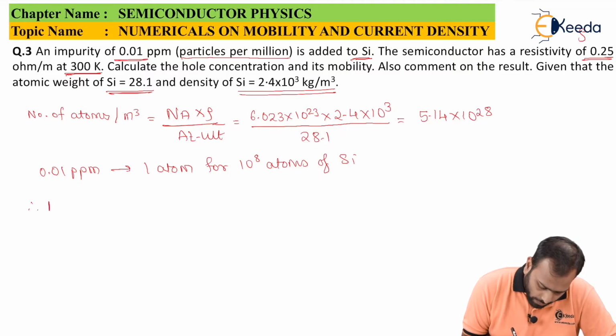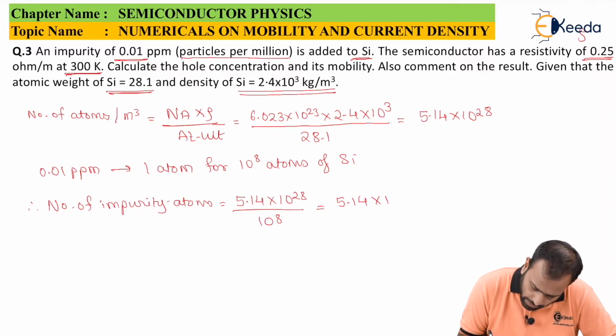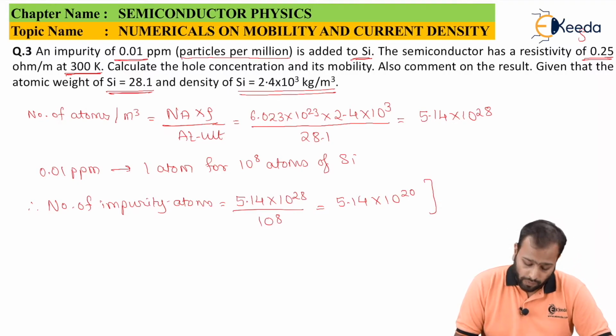Therefore, the number of impurity atoms will be equal to 5.14 into 10 to the power 28 divided by 10 to the power 8, which is 5.14 into 10 to the power 20. This is the total impurity for the given impurity level of 0.01 ppm.